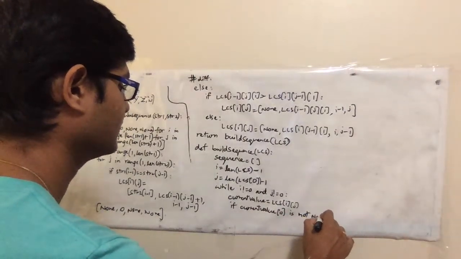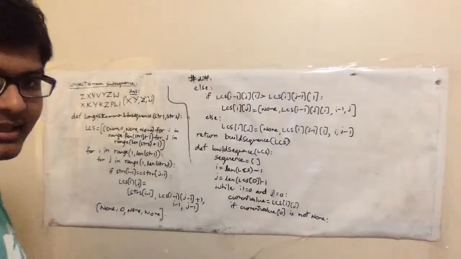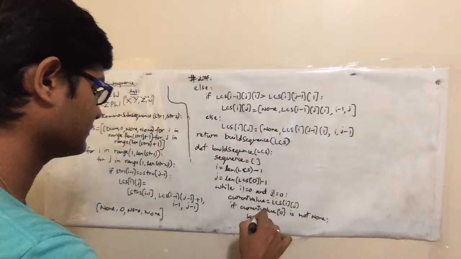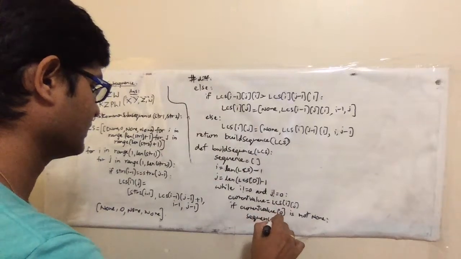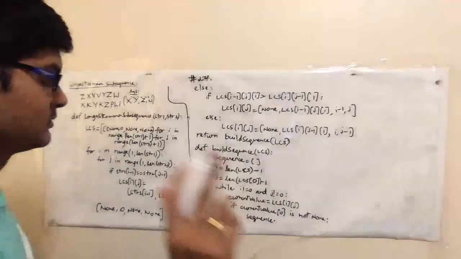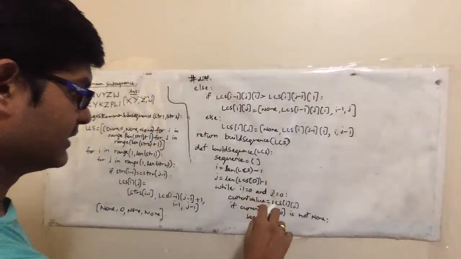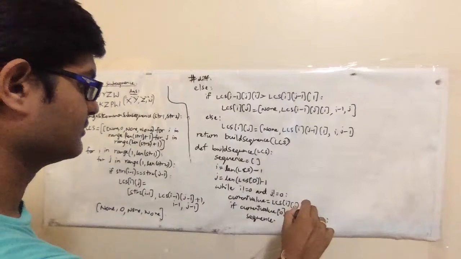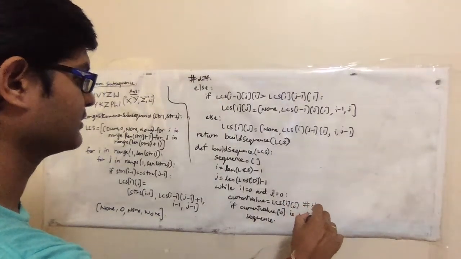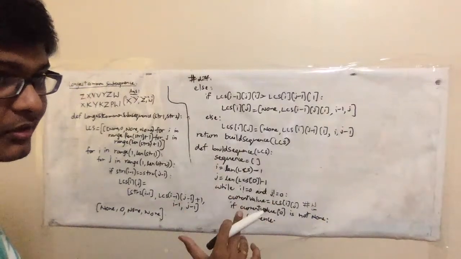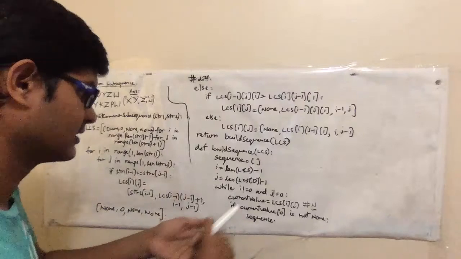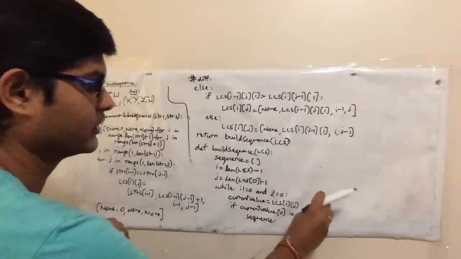If it is none, then append to the sequence. One thing to clarify: this value contains just x w, not x y z w, because we are just storing the characters instead of concatenations.